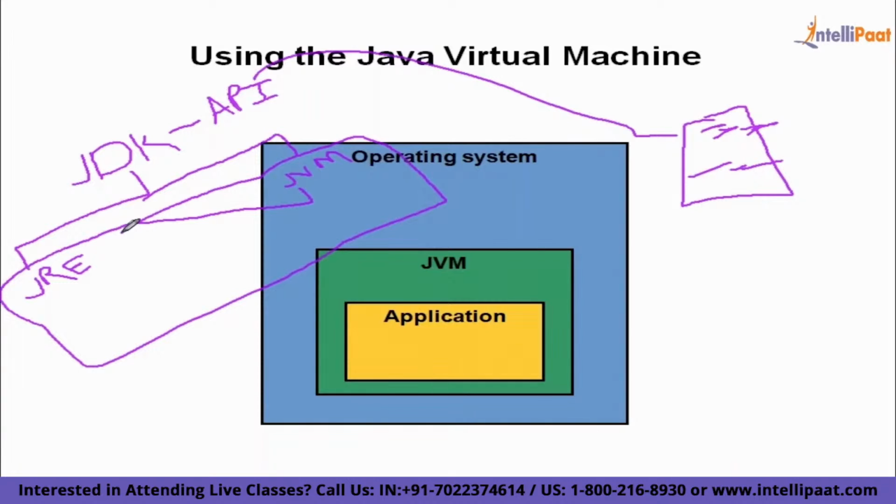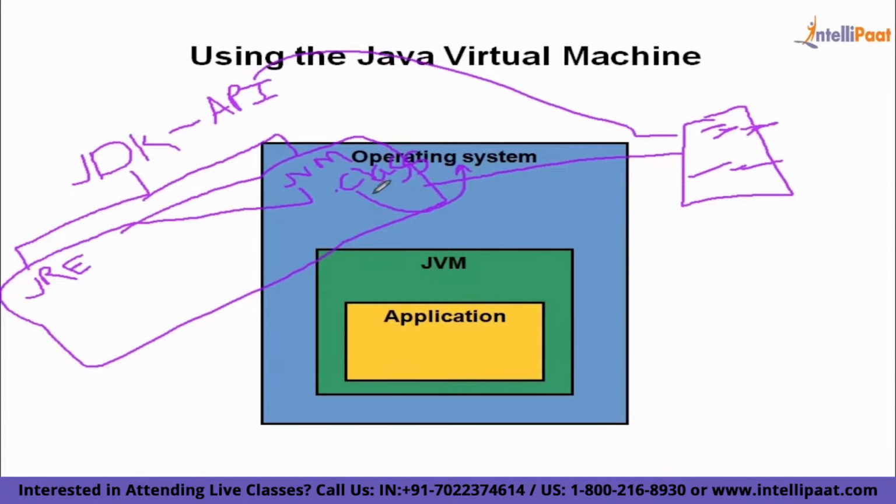Okay. So what is it doing? You have written your code, compiled that with your javac compiler, and given it to your JVM in a .class format, which is JVM-specific bytecode. Now this JVM-specific bytecode could not be understood by my operating system.